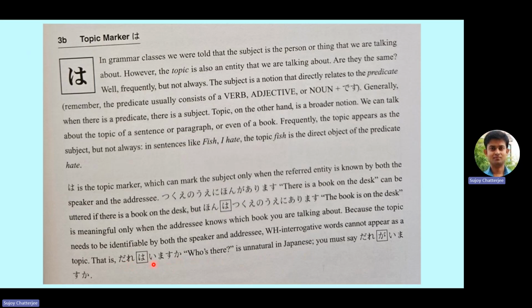We cannot say dare wa imasu. We have to say dare ga imasu, because the topic is unknown here. Dare cannot be the topic, because it is just an interrogative word and it's not identifiable by both the speaker and the addressee.